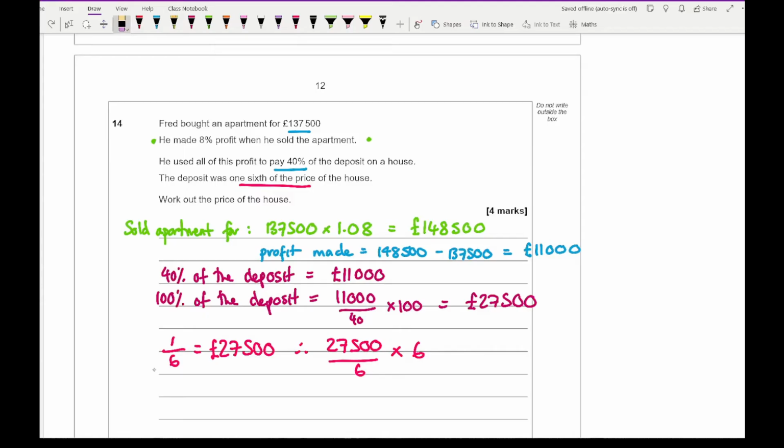So 1/6 is 27,500. We want to work out what 6/6 are. So let me just get rid of this because I shouldn't have written that again. Therefore 6/6 are going to be 6 times 27,500, and that gives me my final answer of £165,000.